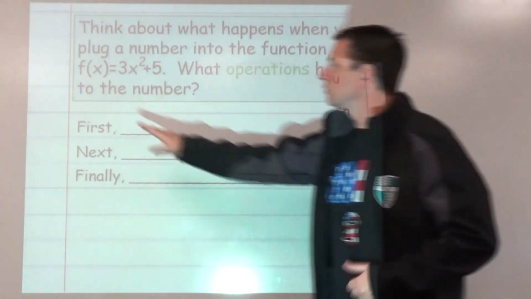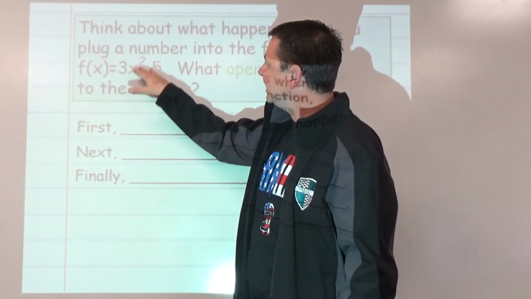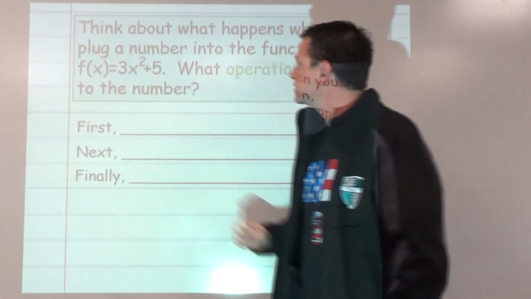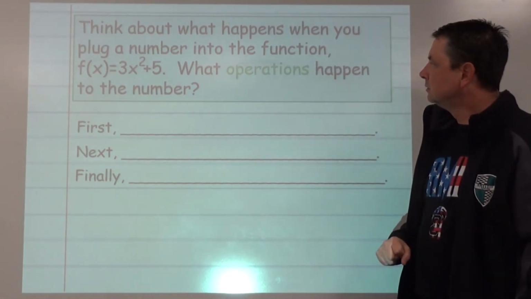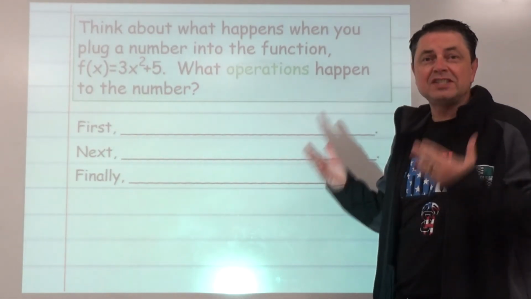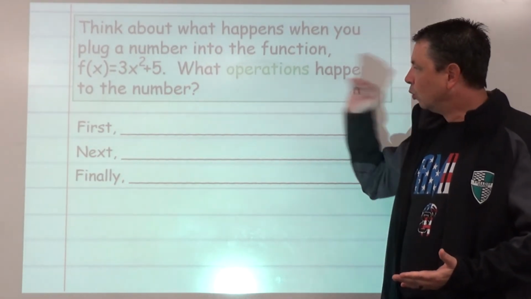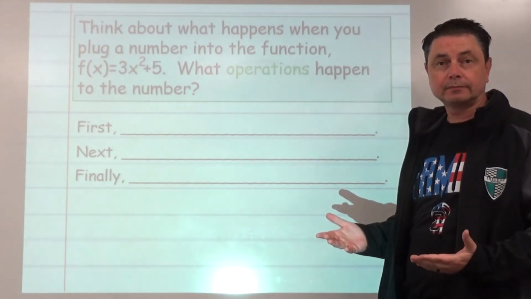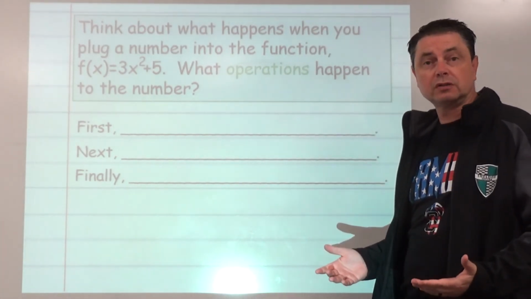So let's take a look at our function f of x equals 3 times x squared plus 5. If we were going to substitute in a number, like trying to evaluate, well, what's f of 10? What would happen to the 10? What would happen first?